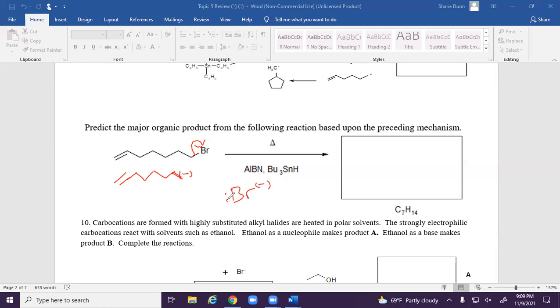So your product will have 7 carbons and 14 hydrogens. You remember the very first concept you learned? Is that going to form any double bonds?